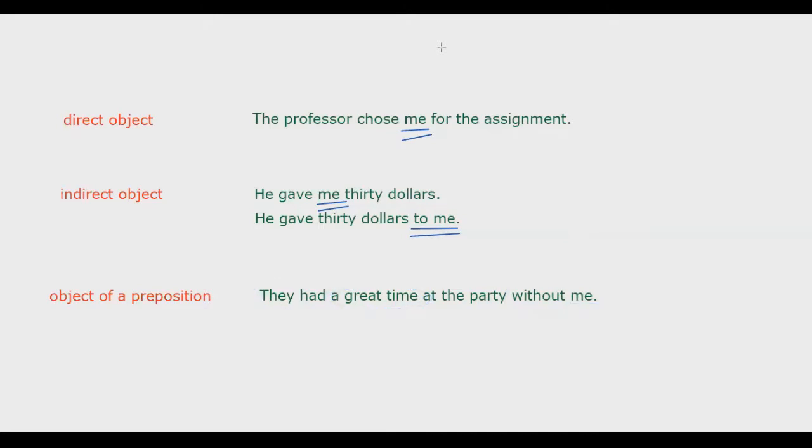Okay, so let me highlight that. That's when you use the objective case. You can use it for a direct object, an indirect object, or the object of a preposition.